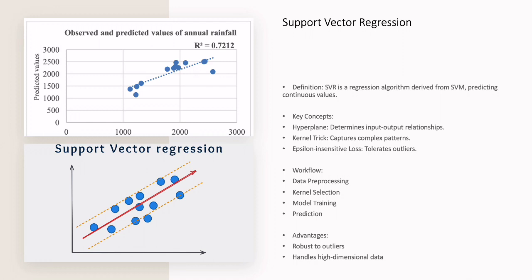An advantage of using support vector regression is that the model is very robust to outliers, as it only considers the nearer data points to create a decision boundary, and it handles high dimensional data.